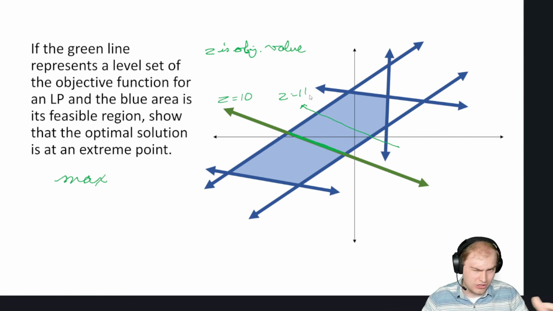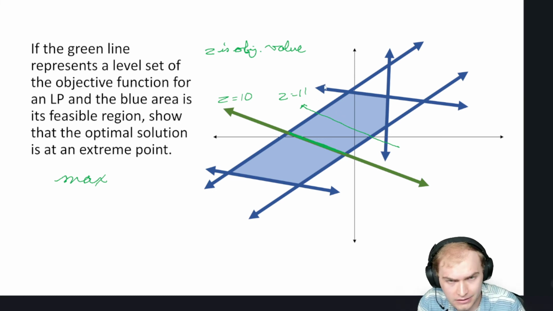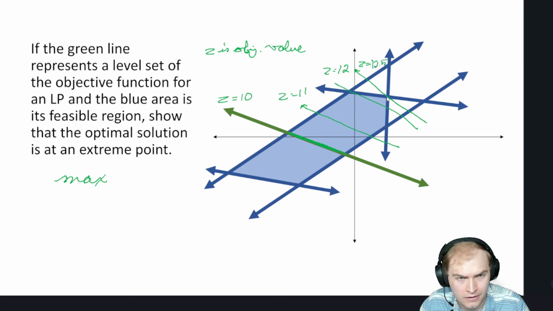Because our objective function is linear, we can continue to extrapolate level sets. And we can see that as we continue to increase z, the last point we intersect with in our feasible region is extreme.